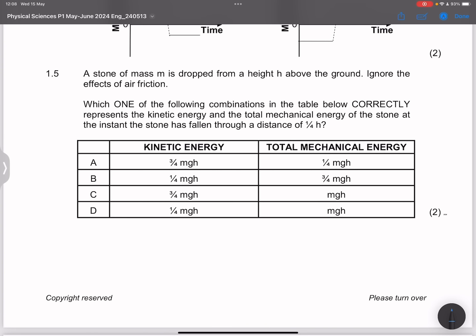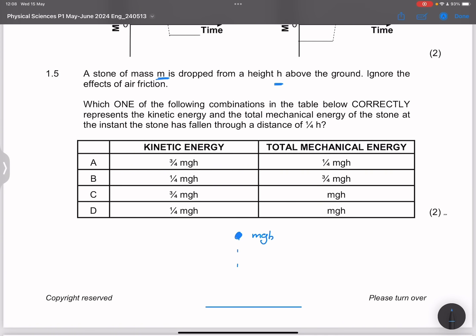Now, ladies and gents, remember they've given us the mass and they've also given us the height. So from the moment when I dropped it, my potential energy is mgh.